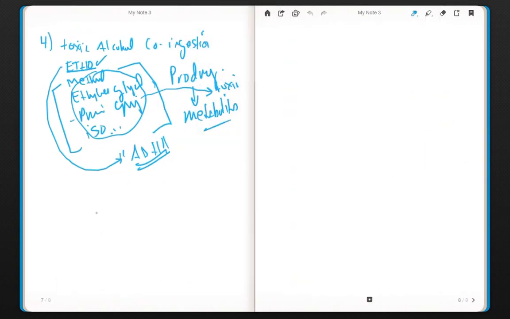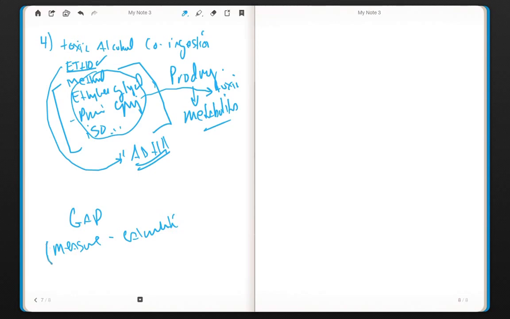So the osmolal gap is just the measured less the calculated, and we normally want that around 10 or so. I've got my measured, so now I need to calculate the osmolal gap. This is where we have to use that terrible serum osmolality formula, because we've got to find our calculated. So let's review that real quick.